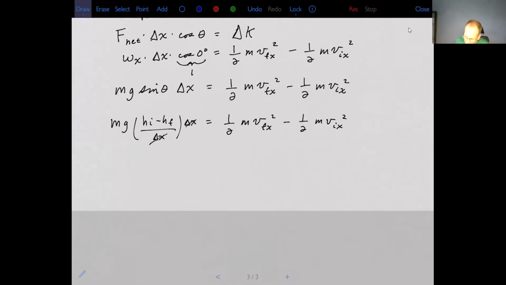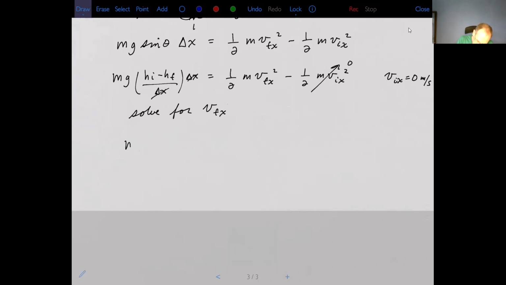Another simplification is we know that the cart is starting at rest for our experiment, so v initial in the x is 0 meters per second, and this term is gone. Ultimately what I want to do is solve for the final velocity, v final in the x direction. It's a little more algebra. Right now I have mg times h initial minus h final is equal to 1/2 m v final in the x squared.